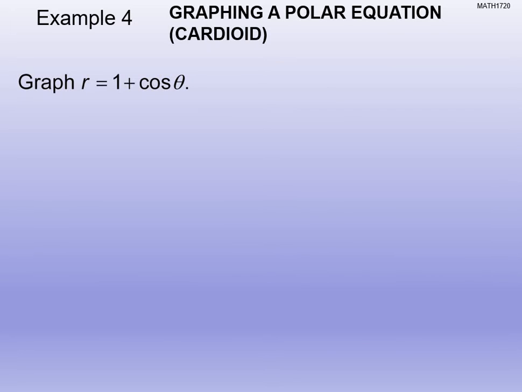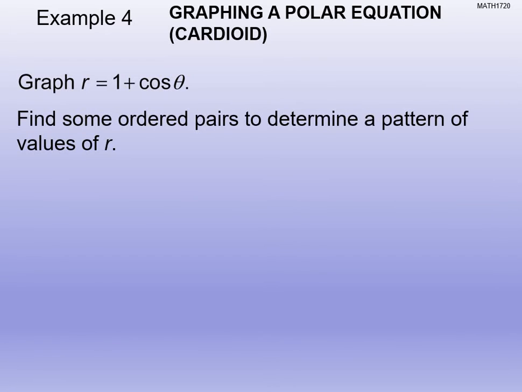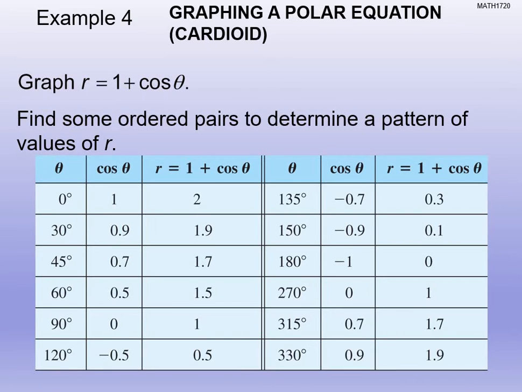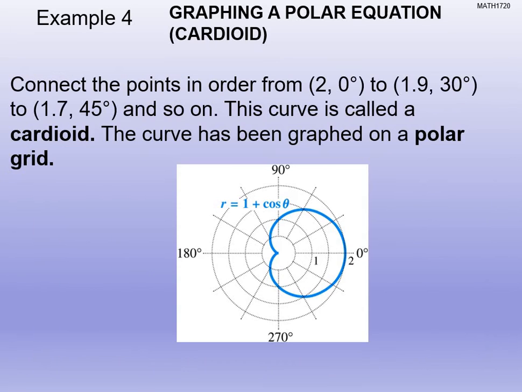We're going to go through some special named graphs here. They become kind of fundamental in calculus and things like that later on. If we want to graph r equals 1 plus cosine theta, this gives us a cardioid. That word should make sense to you once you see the graph. You can do some ordered pairs to find the graph, which is more of an old school method, checking out all the different degrees, or just put it in your calculator and take a look at it.